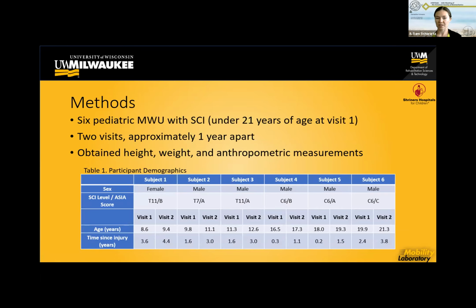They came for 2 visits, approximately 1 year apart. There we obtained height, weight, and anthropometric measurements, as well as some demographics listed in the table below. You can see here that we have a wide range of ages for our participants, which makes it interesting to see how things change by age as well as over time.